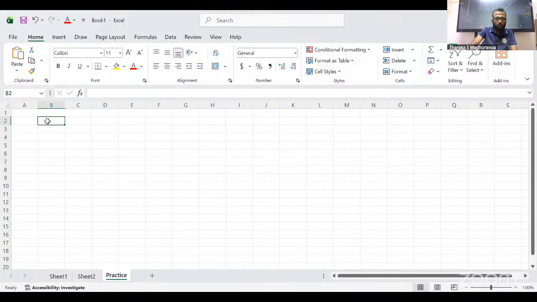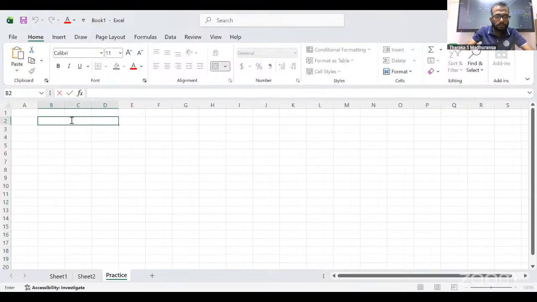Again, unmerge. I want a single line, right? Then I merge and center. You can type the string diameter.